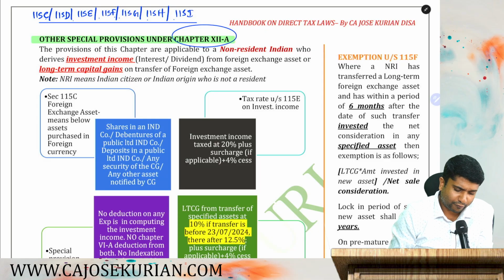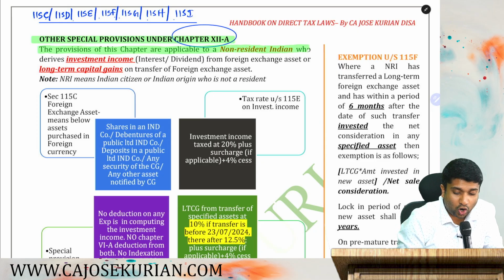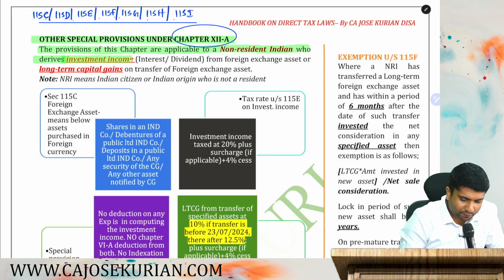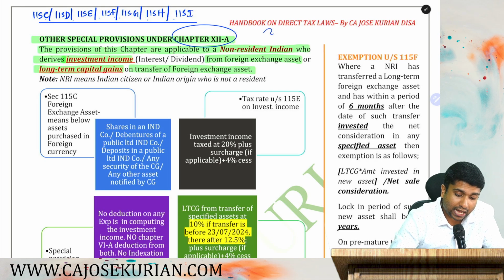Starting with the first one, the provisions of this chapter are applicable to whom? A non-resident Indian who derives investment income from foreign exchange asset or long-term capital gain on transfer of foreign exchange asset. So 2-3 things are there. First of all, you have to be an NRI, not NR, NRI.